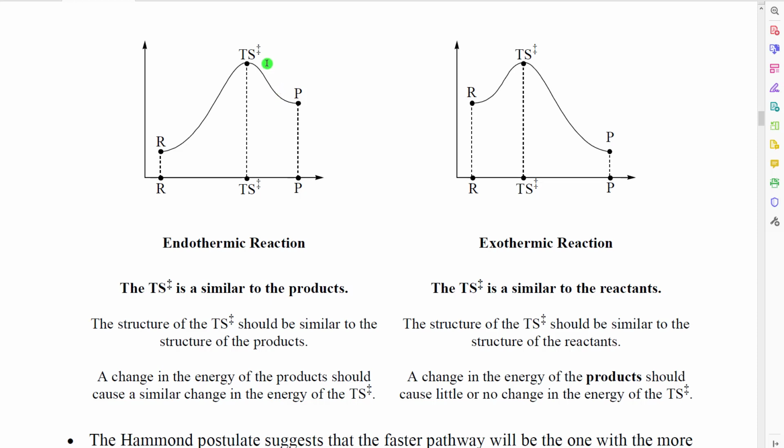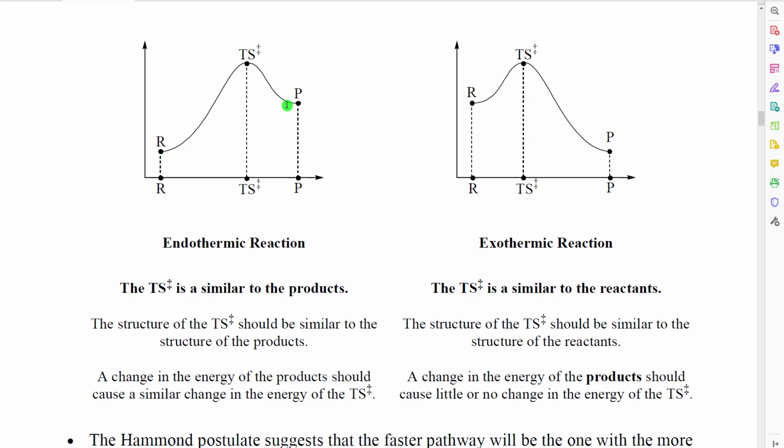Because of that, he was able to determine that the center of this parabola should be farther away from whichever species, either the reactant or product, that was farther away in energy.